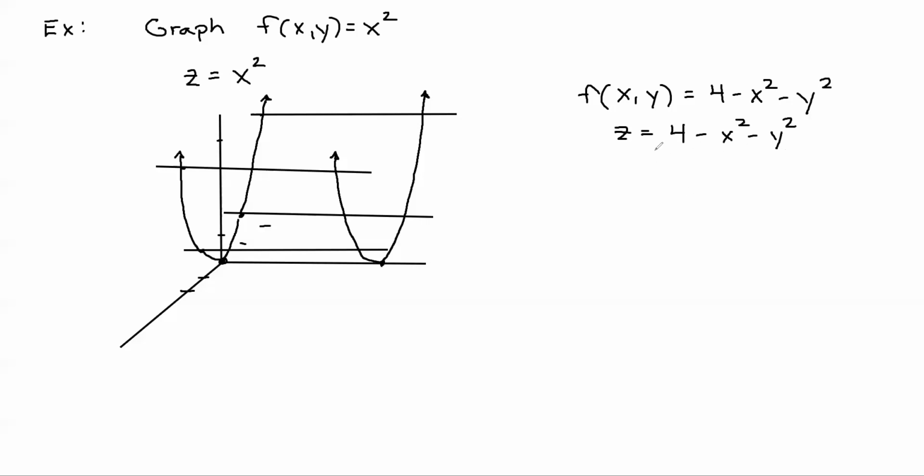All right, and you'll end up with something that we have graphed before. This is a paraboloid. We graphed these in the quadric surfaces section as well. And you can find cross sections to help you graph it. So let's put this here.